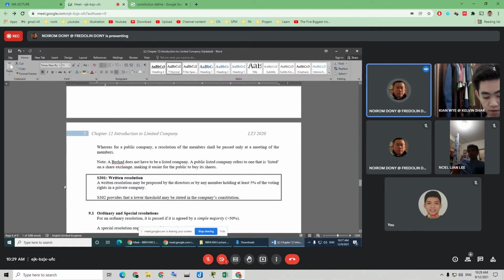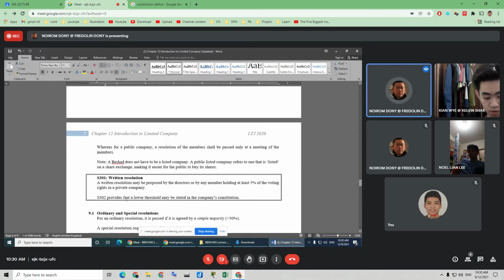Okay, Section 301, written resolution. A written resolution may be proposed by the directors or by any member holding at least 5% of the voting rights in a private company. So, a written resolution means that if it's a private company, they are allowed to do this, but the condition is that the proposer must hold at least 5% out of 100% of the voting rights.